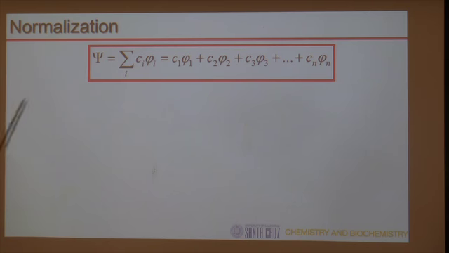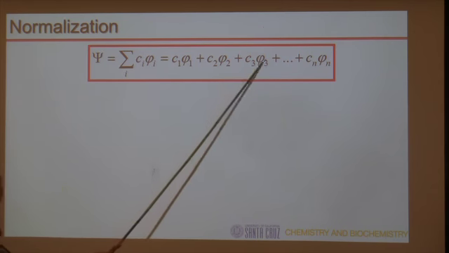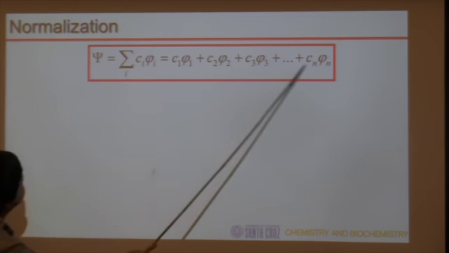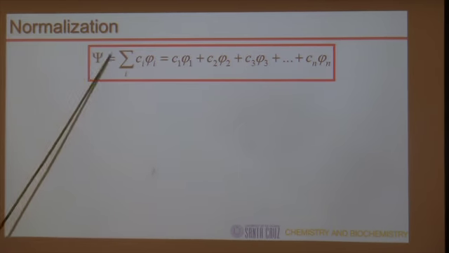Okay, then we can also normalize this total wave function as well. What I talked about before is that those basis wave functions are orthogonal and normalized. But we cannot guarantee that by linearly combining them we will also get a normalized wave function. Sometimes it does not.